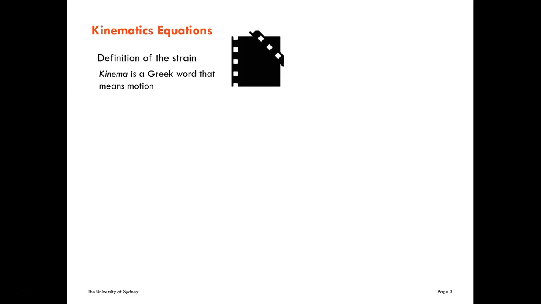So let's start with the kinematic equations in 3D. So the definition of the strain. Kinematics comes from the word kinema, that means motion. So this is the mathematical description of the motion of the deformations.